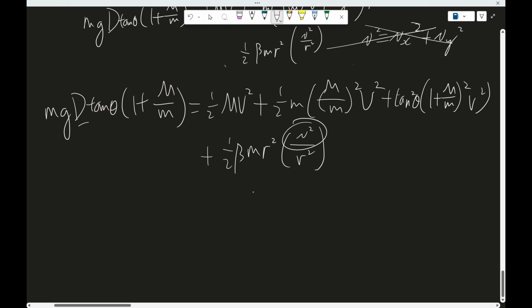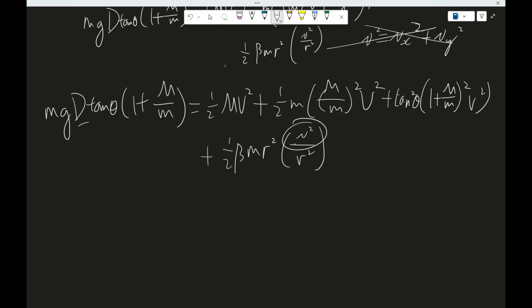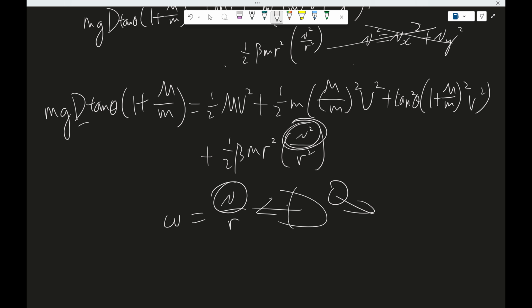The rotation has to satisfy, so we know that omega has to be v over r, and that v is the net velocity, right? The ball is moving that way, the slope is moving that way, and the omega has to compensate for that. The omega has to be larger than what would just be v ball over r. It will have to account for both the slope and the sphere itself in order for this sphere to rotate without slipping.